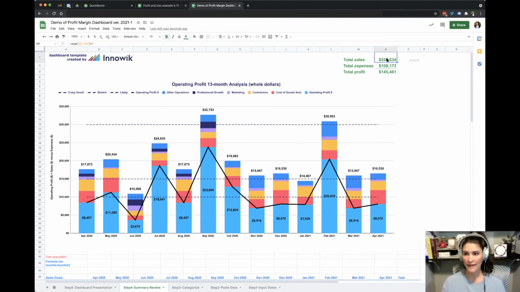So then we're going to add this up downward, and those actually subtract down to 145,461, which when I added up these profit blue bars all the way across, they actually matched this 145,461 as well. And so that's what a completely footed report looks like.